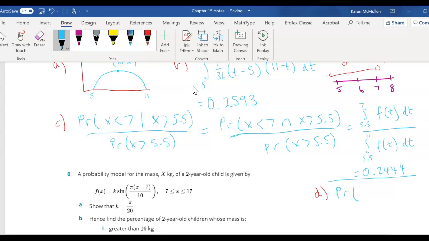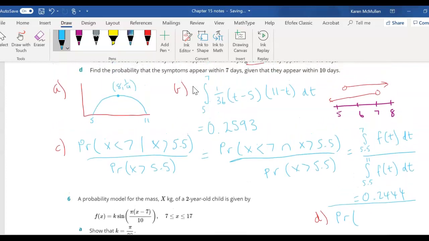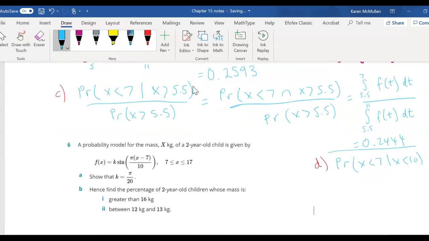So we want the probability that the symptoms appear within 7 days. So they've got to be within 7 days, so x is less than 7, given that they appear within 10 days, so x is less than 10. All right, so you can substitute that into the conditional probability formula.